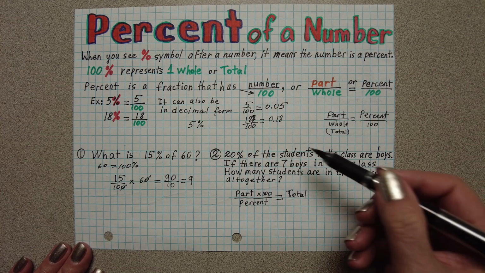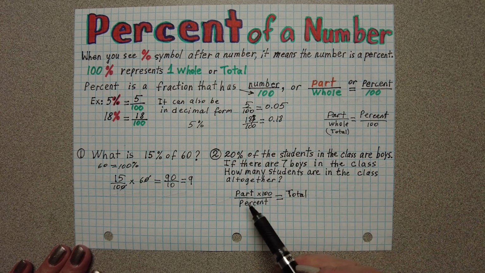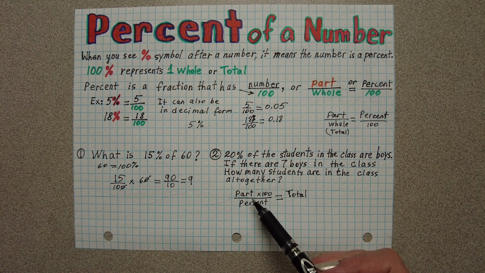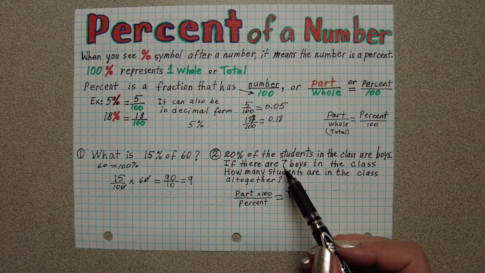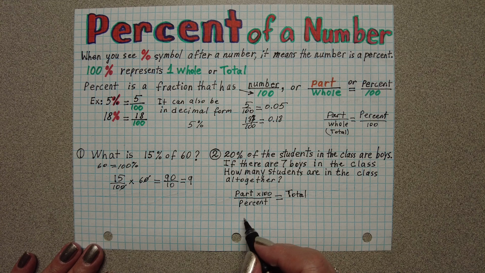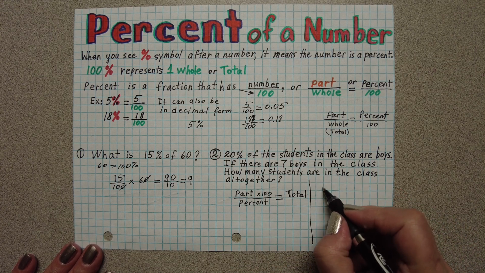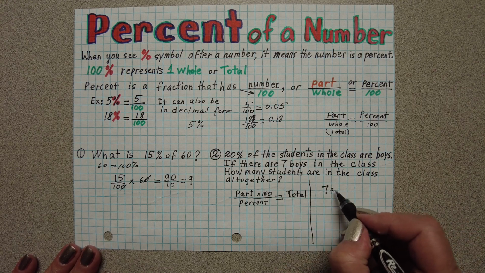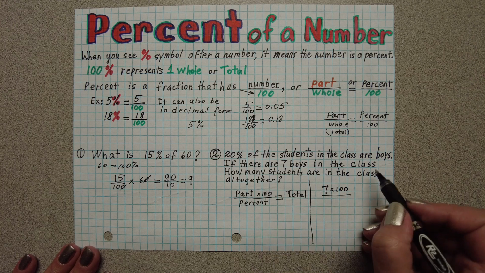Now let's put the numbers in this formula. Let's see. We have part. What was our part? There were 7 boys. 7 boys are the part here. Let's do it this way. 7 times 100, we already know. Divided by, what was the percent?